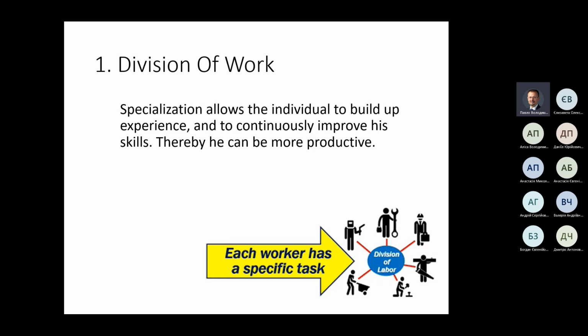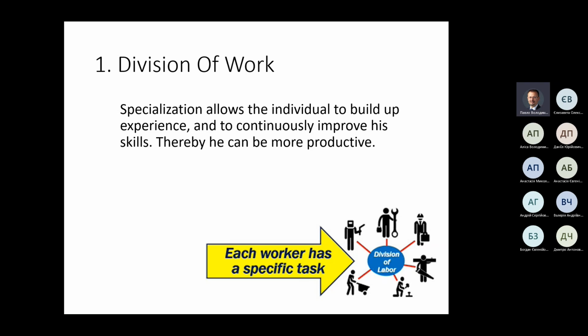I mean, generally it works, but nowadays everybody agrees that we shouldn't divide the working process, the business process, into very small tasks. We have to divide the working process into a chain of tasks, and every chain must consist of several links.